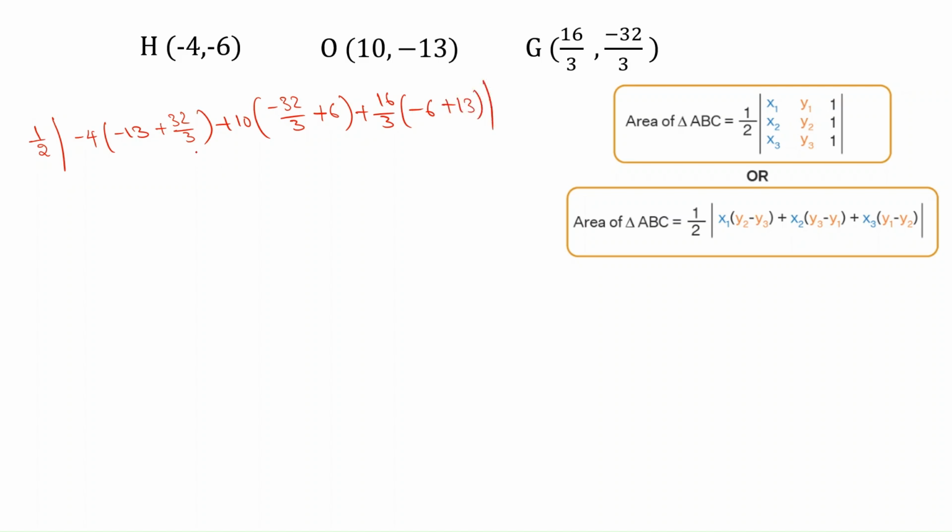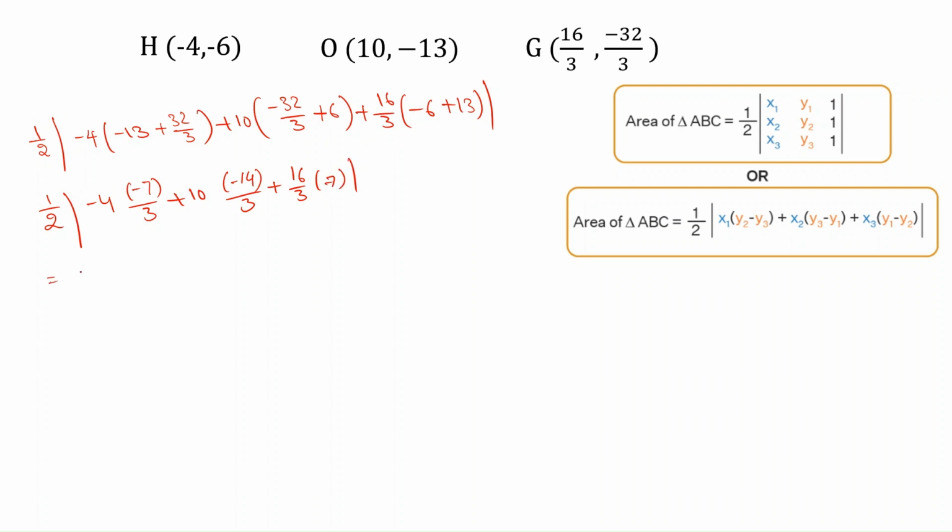We'll take the LCM of minus 4. 3 into 13 is minus 39 plus 32. That gives minus 7 upon 3, plus 10. Here again when we take LCM, 6 into 3 is 18, minus 32 plus 18, that gives minus 14 upon 3, plus 16 upon 3. 13 minus 6 is 7.